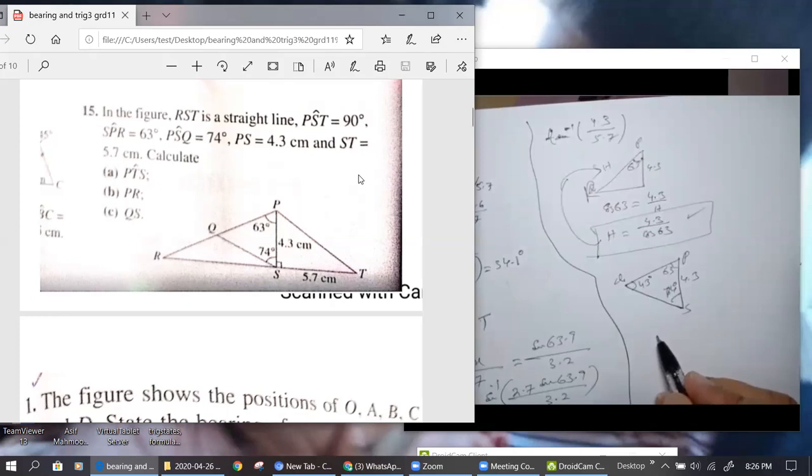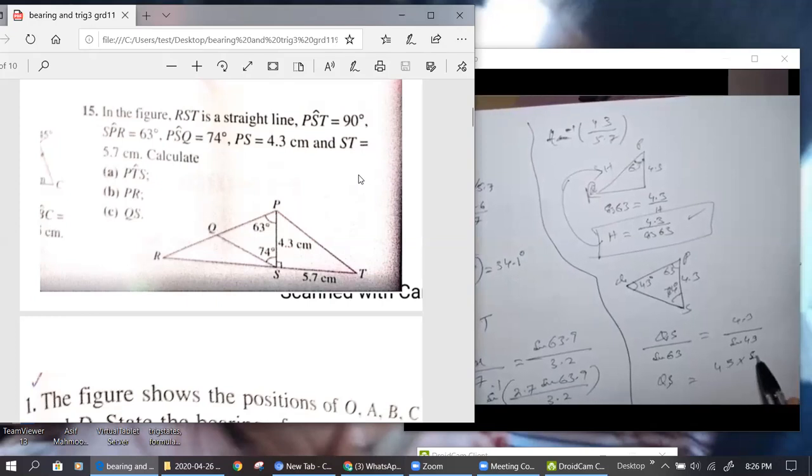Sine QS over sine 63 equals 4.3 divided by sine 43. That would be in the denominator. So QS will be 4.3 times sine 63 divided by sine 43.